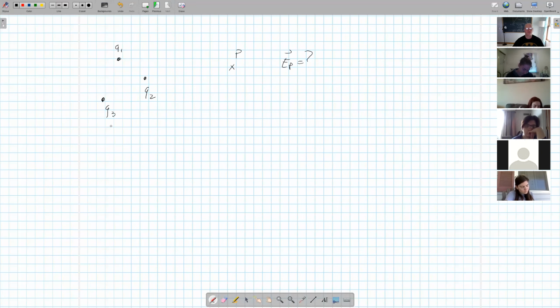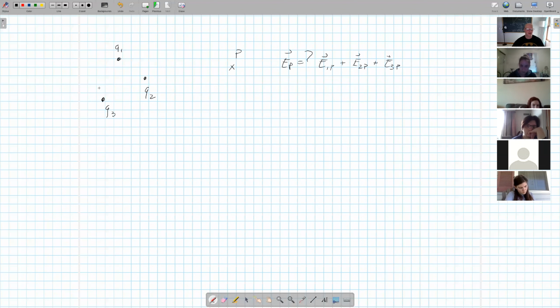This is what I want to know. Well, what this says then is that the value of the electric field at point P is simply equal to the value of the electric field from particle 1 at point P plus the value of the electric field at point P from charge 2 plus the value from charge 3 at that point.